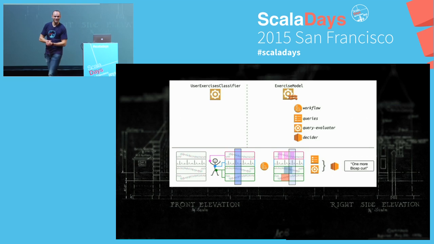Here's the interesting bit. So how do we actually get to the exercises? We have user exercises classifier and the exercise model. The exercise classifier does, if you like, signal processing. Tidies up the signal and it takes the sensor data and it constructs this human. So it knows that I have the watch on my wrist and I have my phone in my pocket and I have a heart rate monitor here.